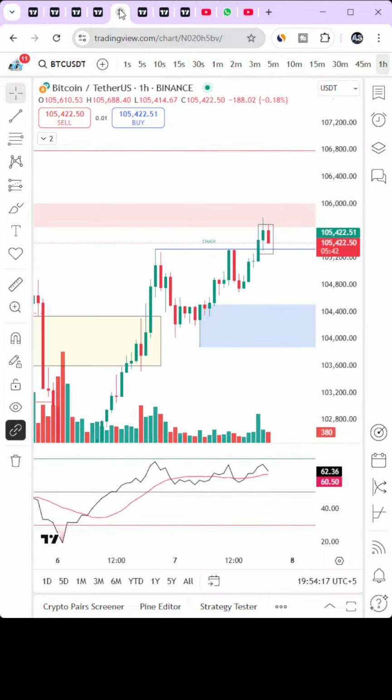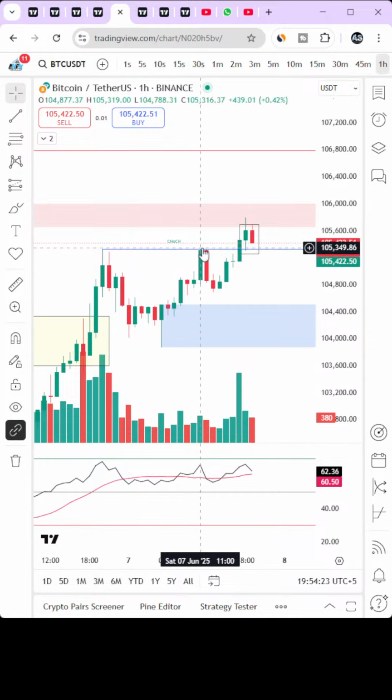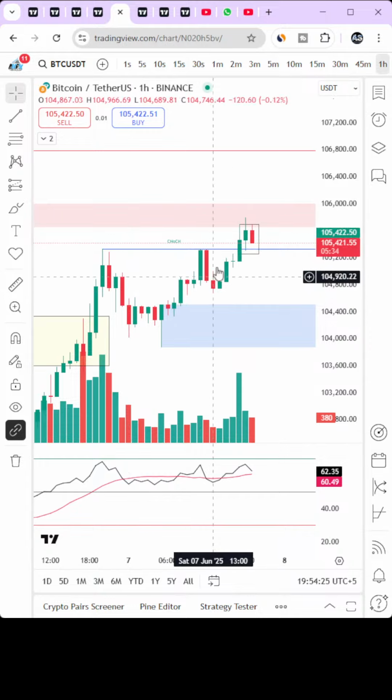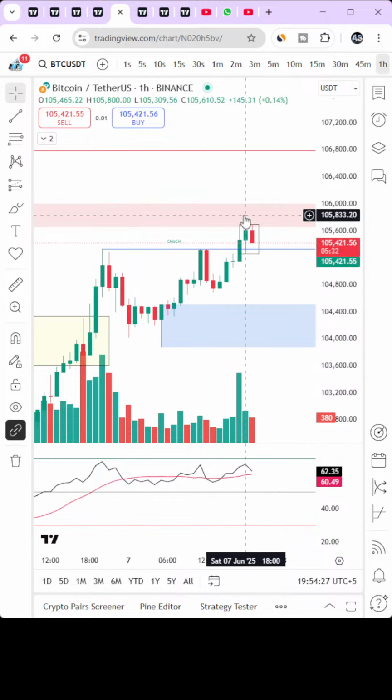The bigger time frame was showing some bullishness, but whenever the market creates a change of character, it has to come for a retracement, which is coming.